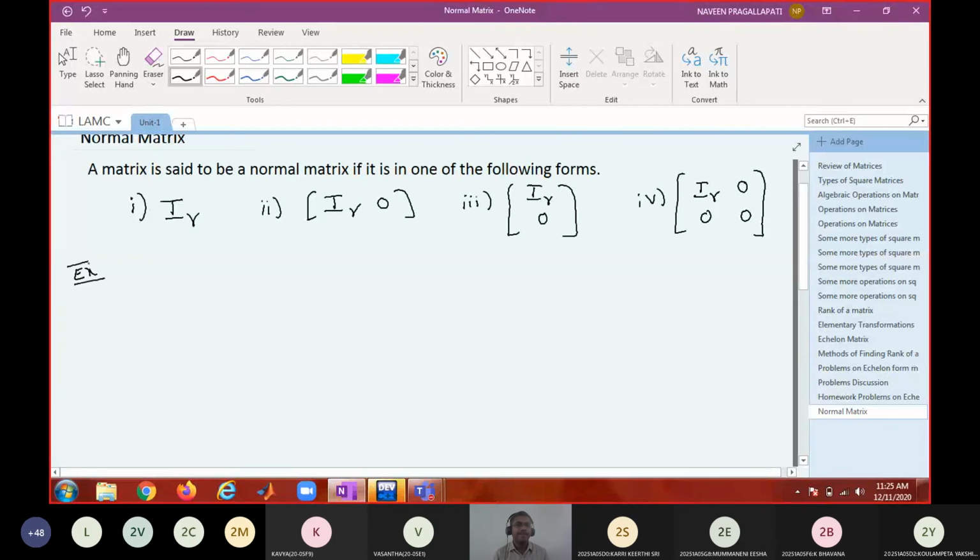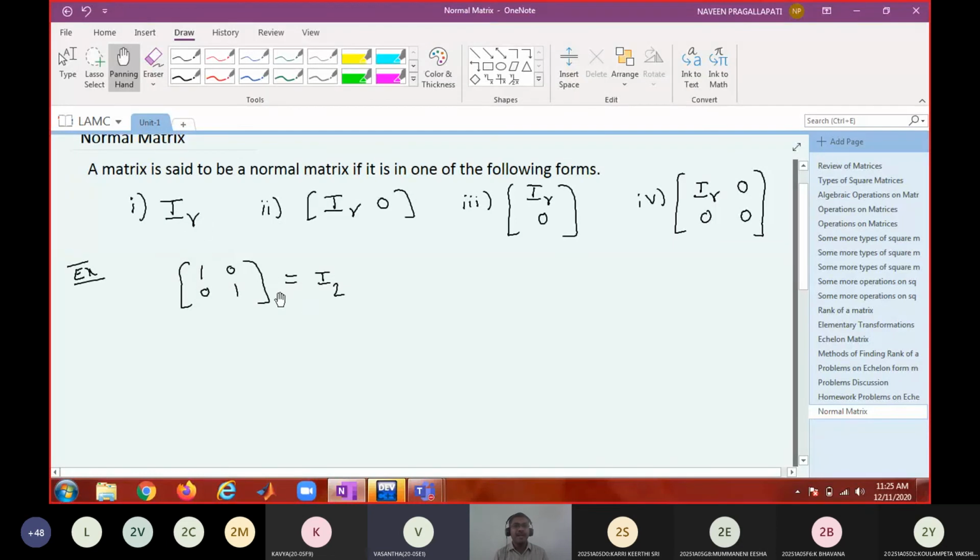Example. Is this a normal matrix? Yes, this is I2 only. This is the identity matrix of order 2.